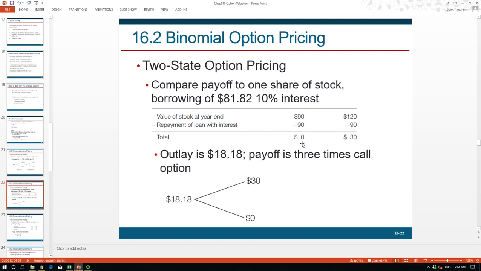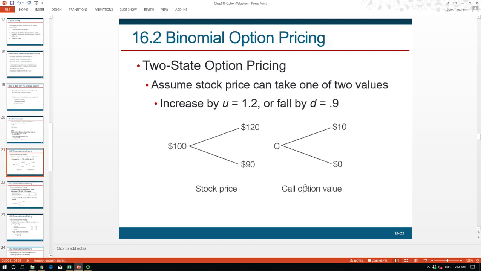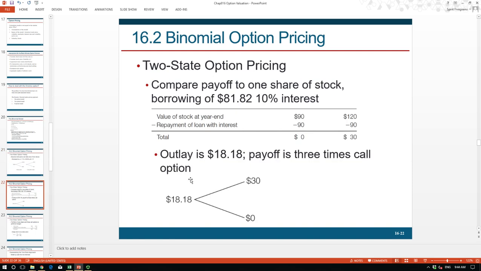And you have either 0 or 30, and this 0-or-30 scenario is exactly equal to the situation that you are facing for this call option. Just that in this case, you have 3 call options. So a 3-call-option position is equivalent to your holding of stock and repayment of $90 in the future. It's equivalent.